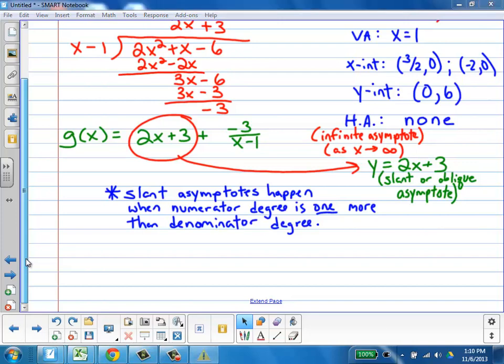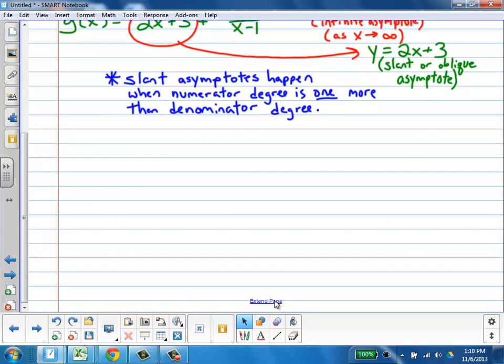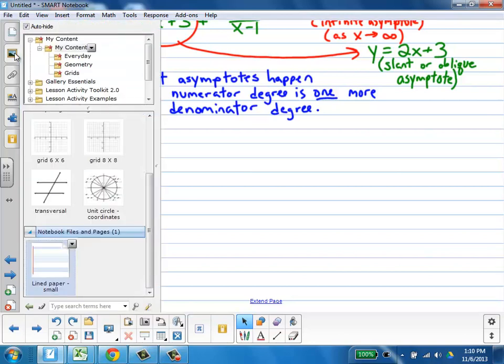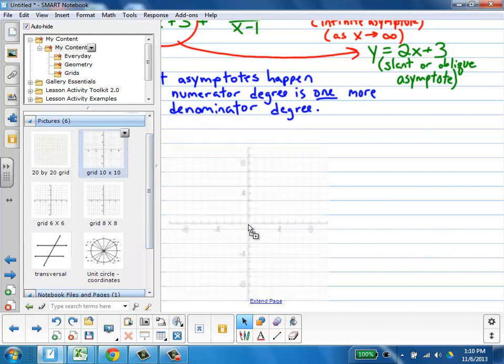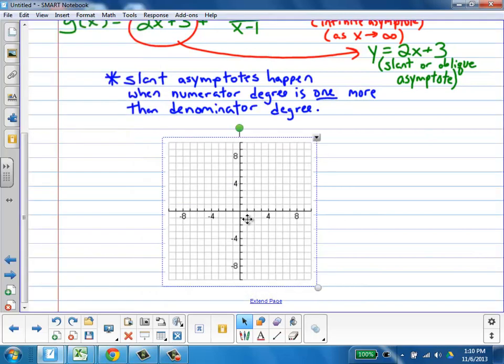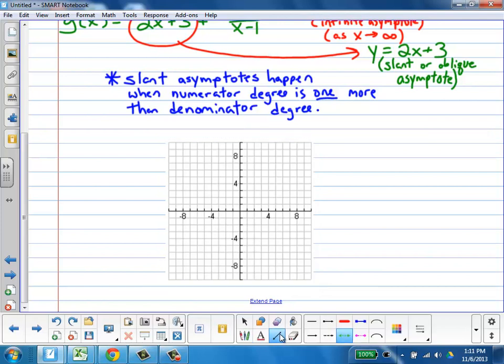So let's go ahead and graph this thing as best we can. I'm going to put my asymptotes in first. And of course, one of them was a vertical asymptote at x equals 1.